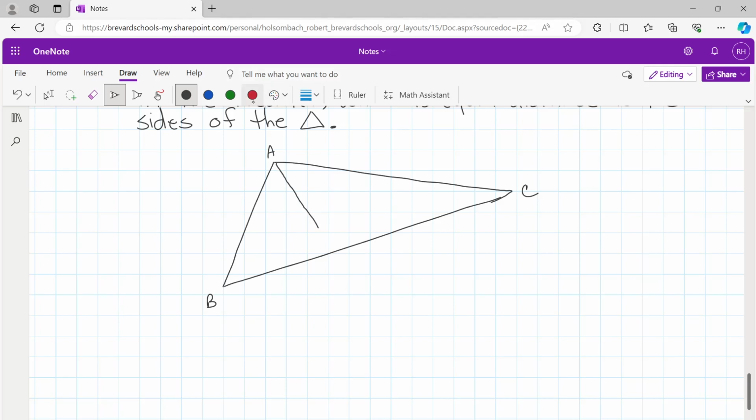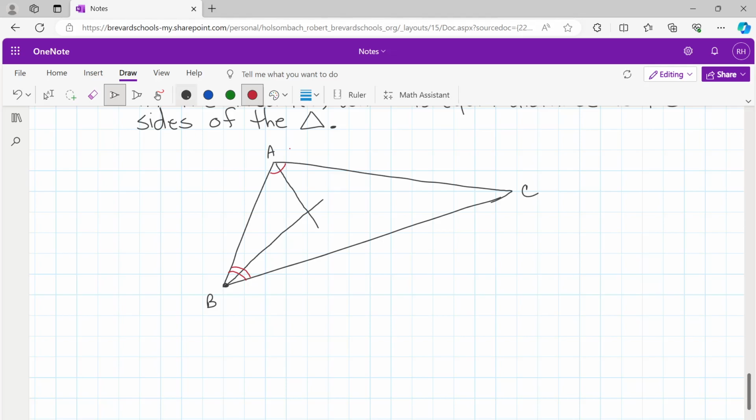And since it's an angle bisector, these two angles are congruent. And then if we go to vertex B, and we bisect this angle, we're trying to come out of here with a segment that splits the angle in half, and it's going to intersect with this line we just drew, so maybe like here. So if we bisect angle B, then these two angles are congruent.